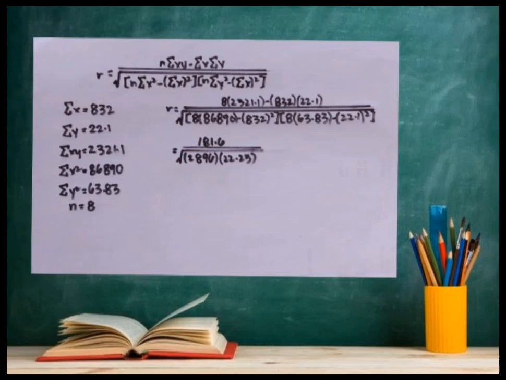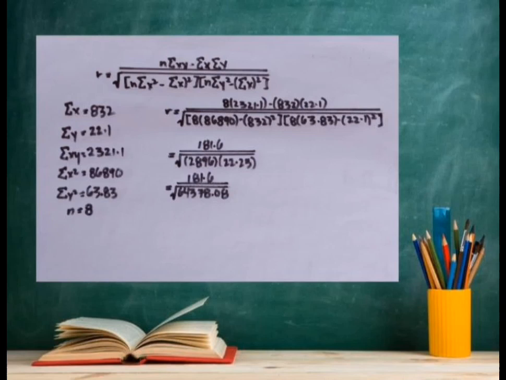Using the calculator, 8 times 86,890 minus 832 squared, that is 2,896. And then, dito naman sa kabila, 8 times 63.83 minus 22.1 squared, and that is 22.23.